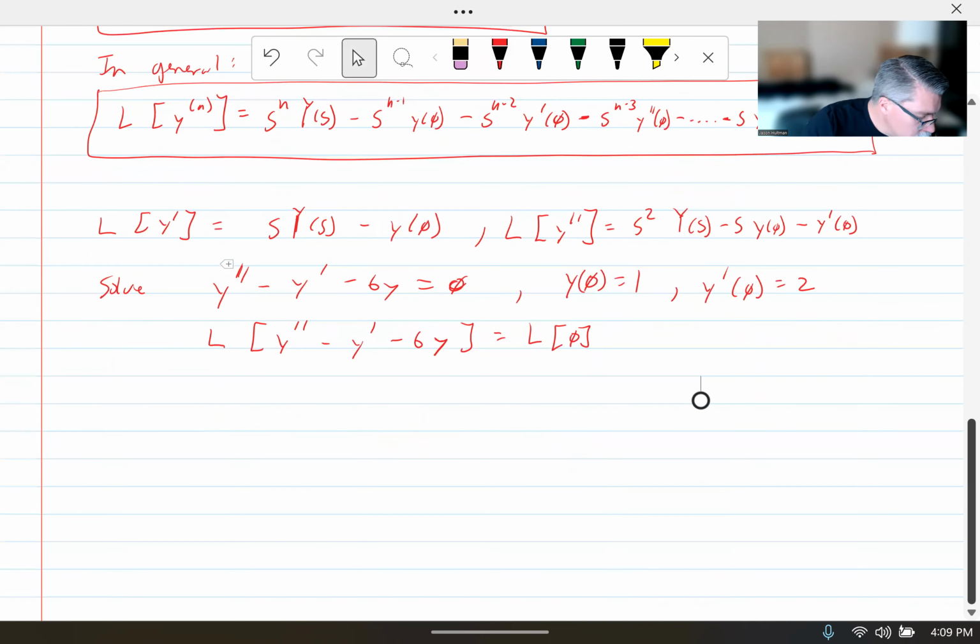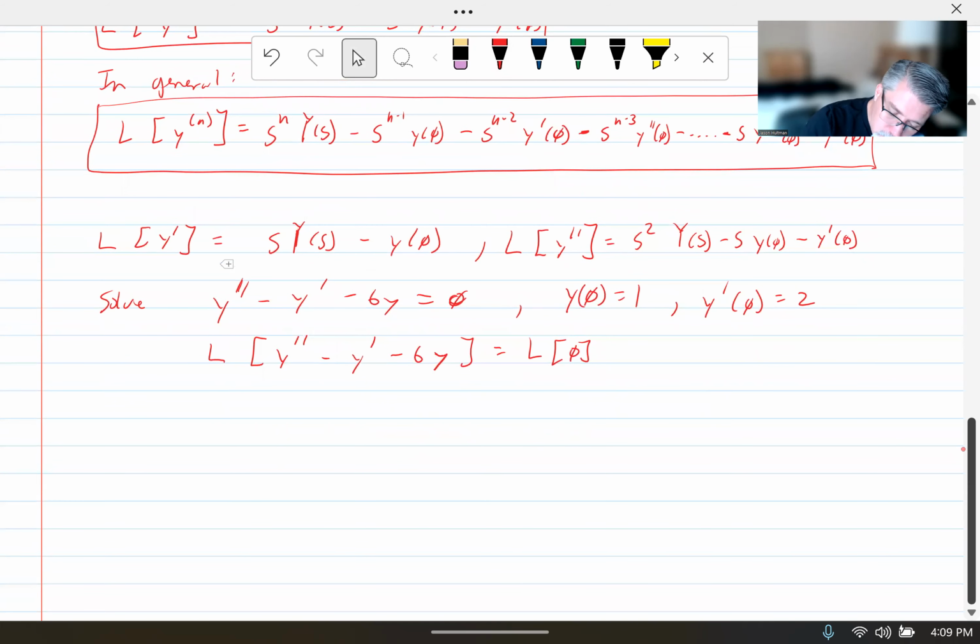The Laplace transform of 0 is 0. This is going to be the Laplace transform of y double prime minus the Laplace transform of y prime minus 6 times the Laplace transform of y is equal to 0.